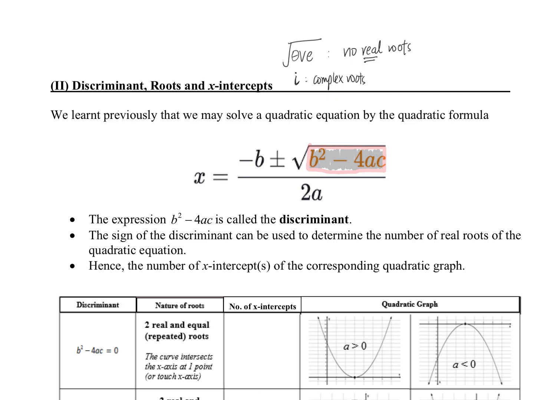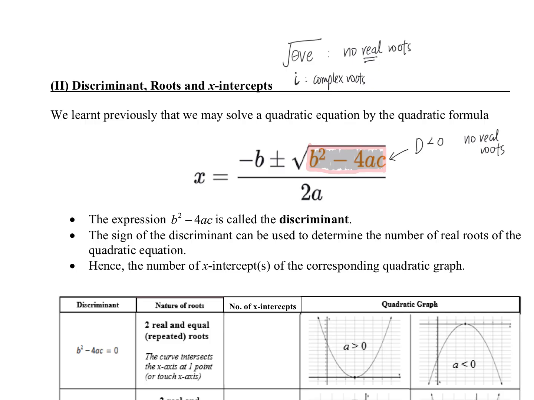Then you don't come back and say I lied to you. I'm telling you, when you go further, there's solution. But it's not real roots, it's complex roots. So at this moment, we learned that you cannot solve. That's why calculator gives you math error. So if the value inside here, this D, is negative, then there's no way you can solve the x value.